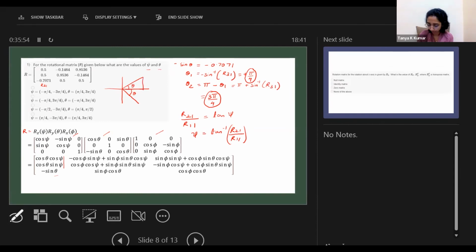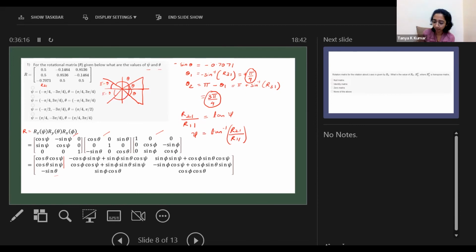Tan inverse opposite by adjacent gives you the theta. But if your angle is somewhere here, if this is your theta, and you do opposite by adjacent, this is the angle that you get. You get pi minus theta. Even in this case, you will get pi minus theta. You won't get the theta value, right? Theta is actually this entire thing.